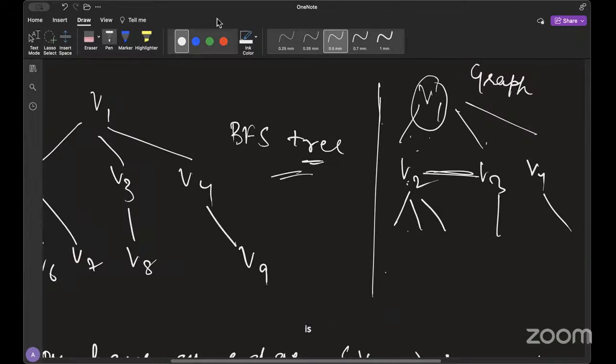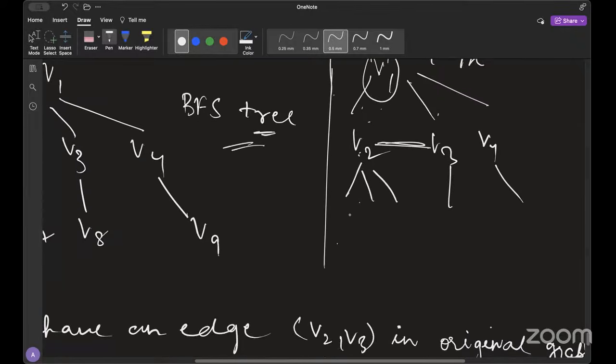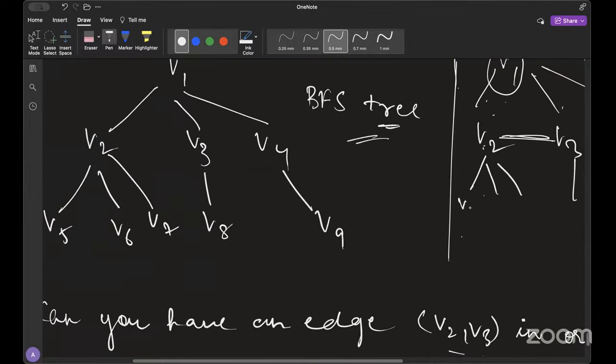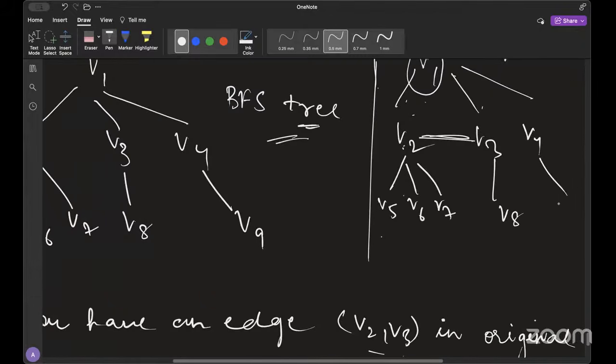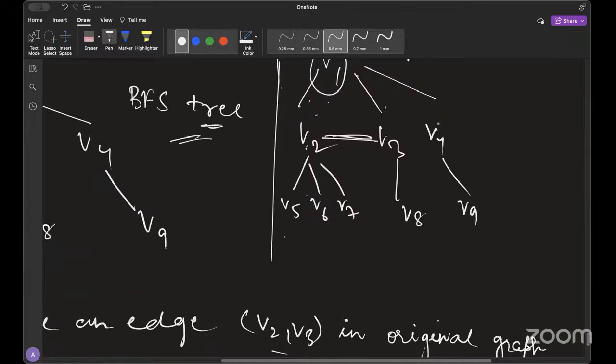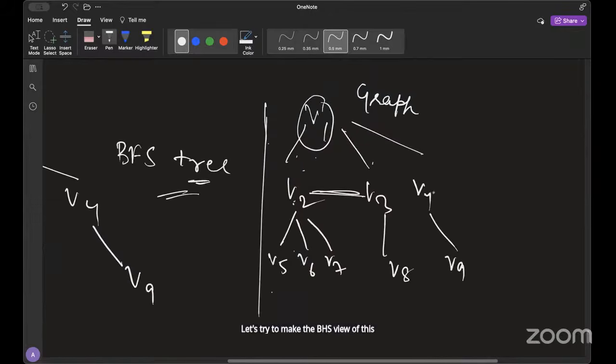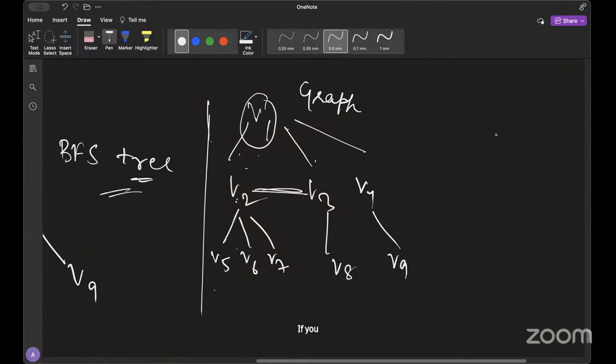Is this clear to all? Let's try to make the BFS tree of this, although it's not required. If you start from V1, the BFS tree is V1, let's say it's this.